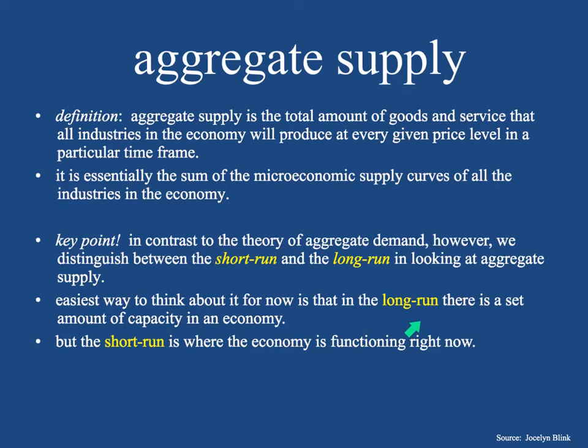So we have a lot of new ideas here. Think of the long run as fixed, and the short run as where the economy is functioning right now. Maybe in the short run, it's possible that the economy functions beyond the long run capacity, but only for a short period of time.